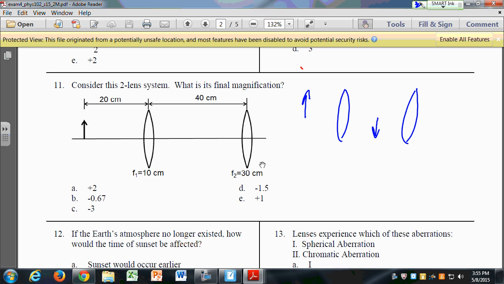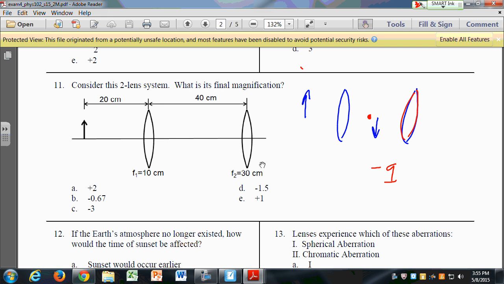If this image is within the focal point of this lens, like if it sits like that, then you're going to come up with a negative Q. Right, because if my object is inside the focal point, I get a virtual upright image. Negative Q means you get a virtual image.